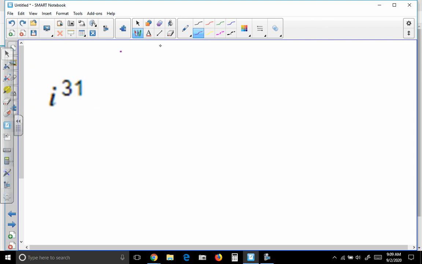Now, the last thing that we're going to look at in this section is raising i to larger powers. We've said that by definition, i is the square root of negative 1, and i squared makes negative 1. If we had i squared and we wanted to find i cubed, we could multiply both sides by an i.